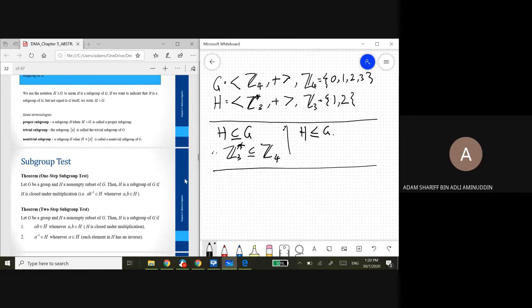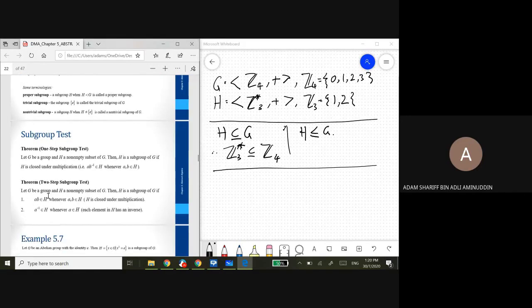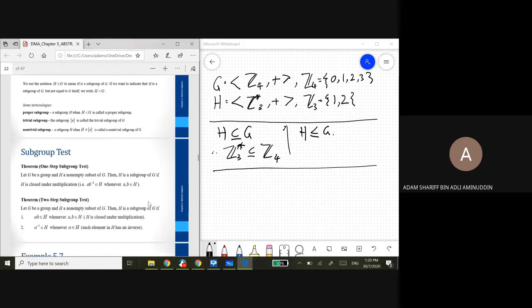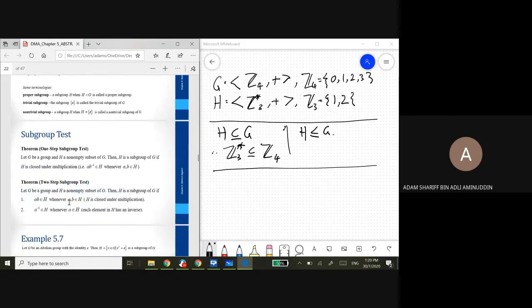You can refer to the two step here. If you look, there are two properties that need to be satisfied. The first one is that, suppose G is a group and H is a subset of G, which has been satisfied for this example. It is a subgroup if it is closed in H under the binary operation of G.